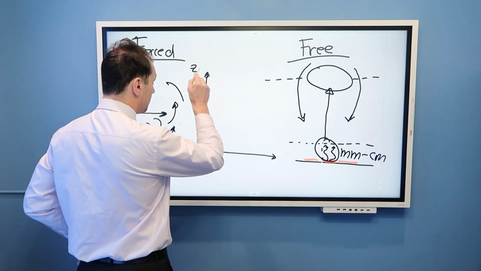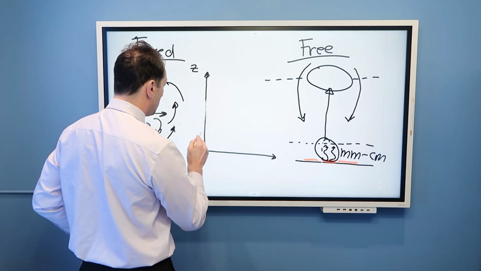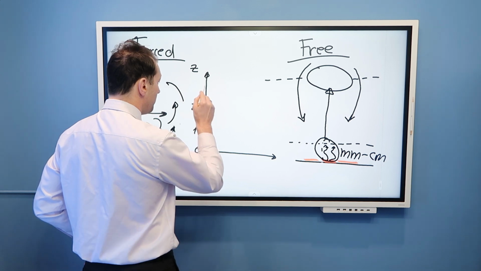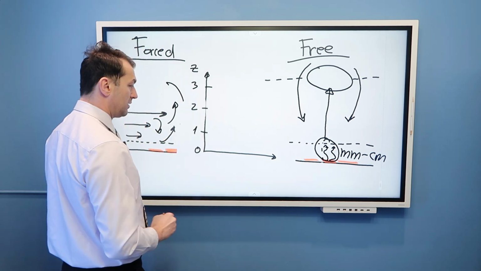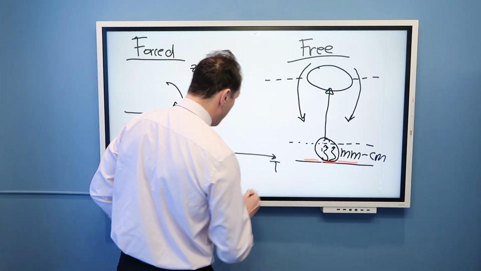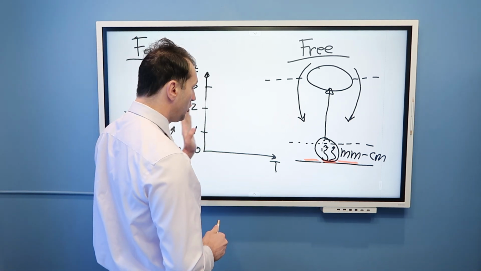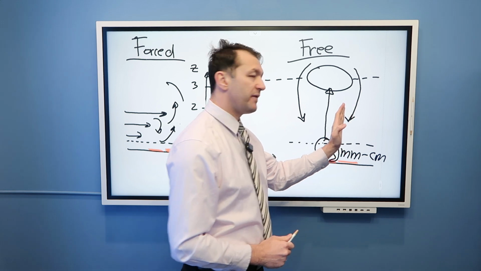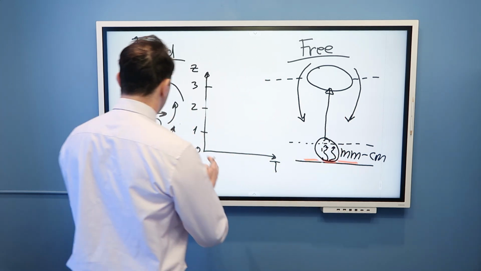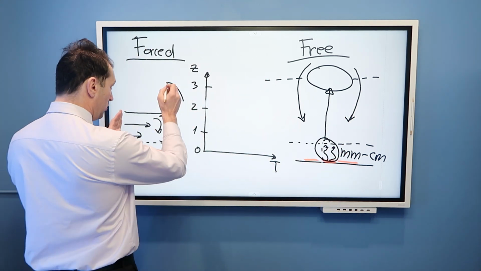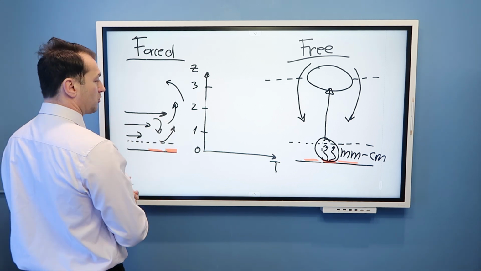So here is height in meters. So we go 0, 1 meter, 2 meters, 3 meters. And here is temperature. How is the temperature profile going to look if we only have free convection, no winds? And how is the temperature profile going to look if we have forced convection?